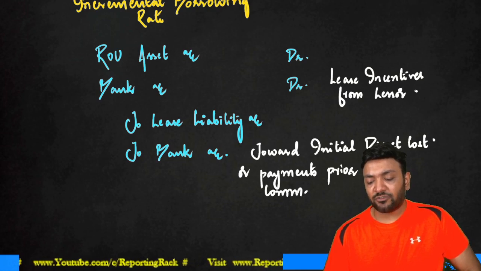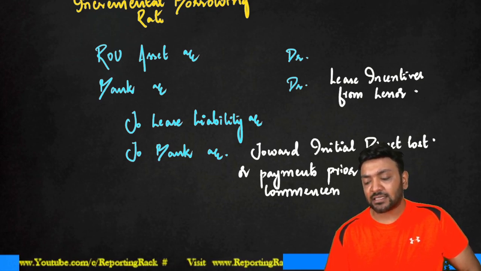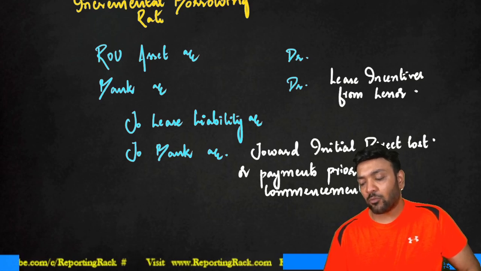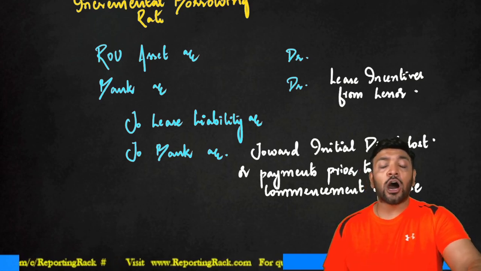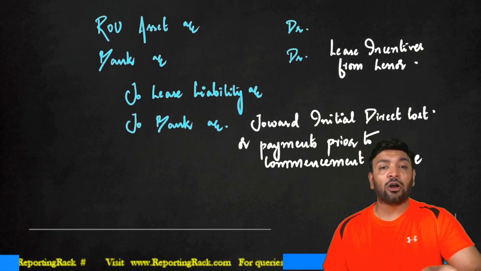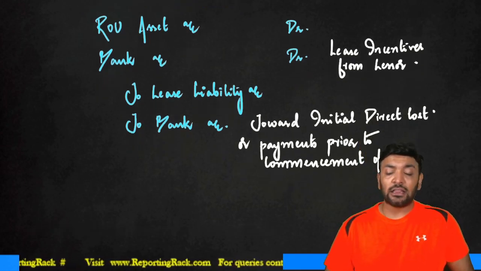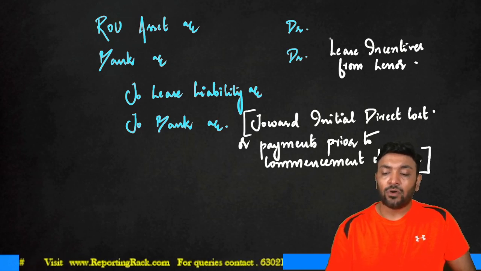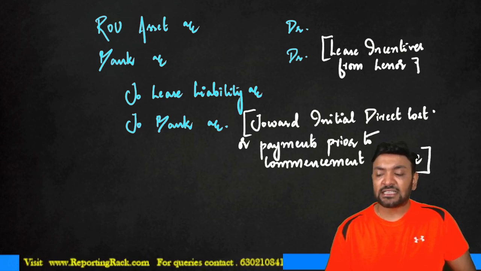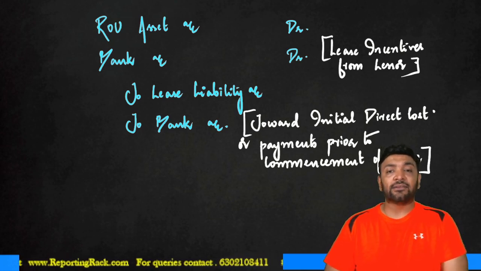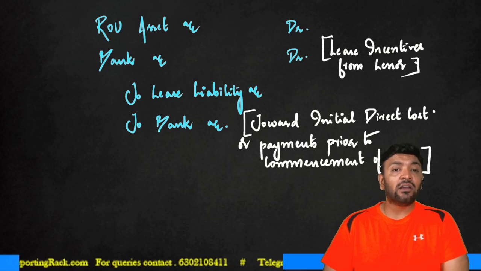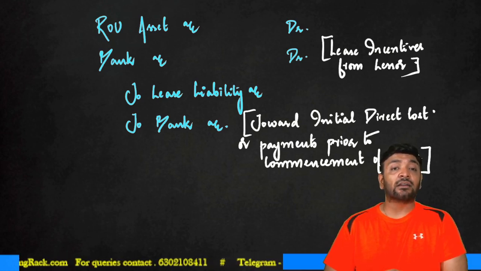Before the commencement of lease, I could have made some payments for modification of the leased asset, or could be in the form of a certain amount of deposits. So all these will be included in the value of leased asset. What I'll exclude from the value of leased asset is the amount of lease incentive.